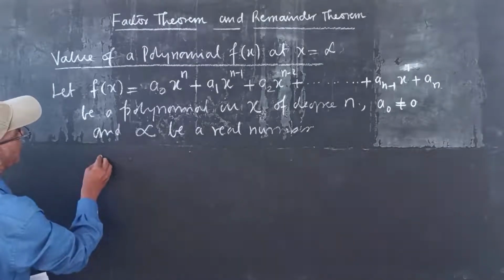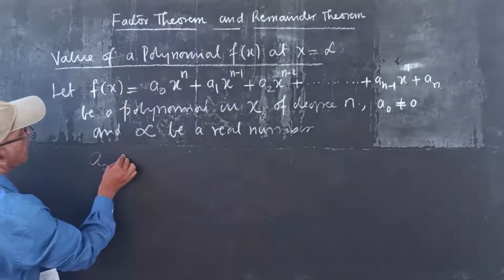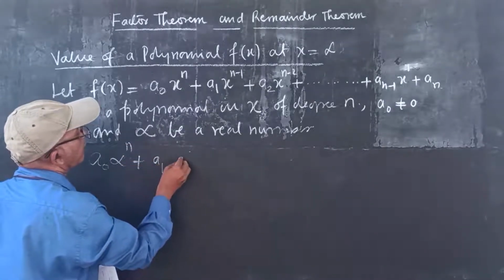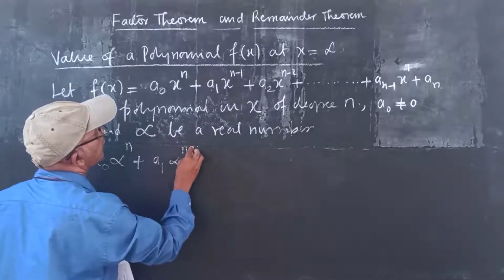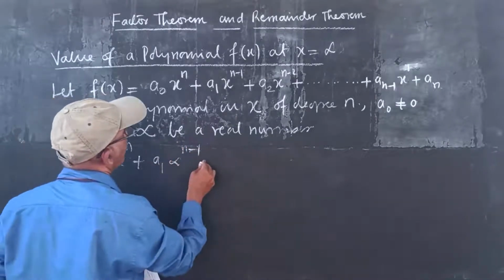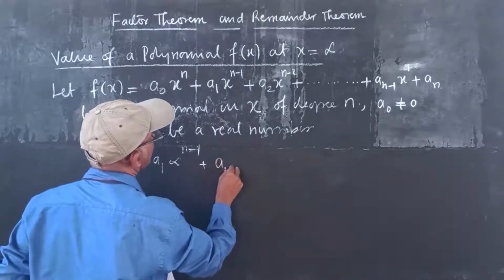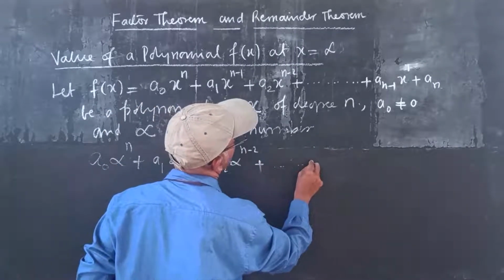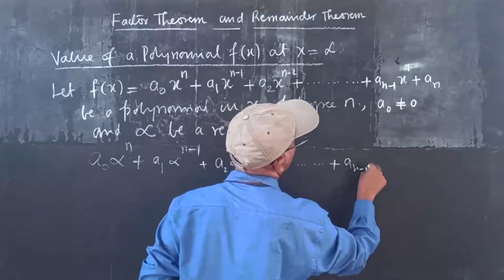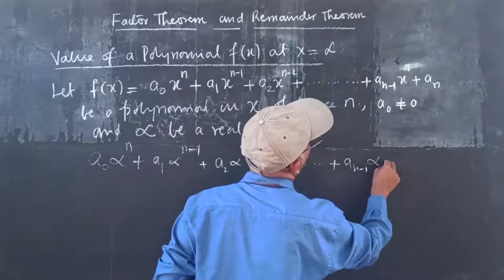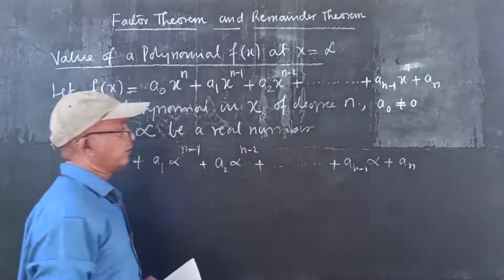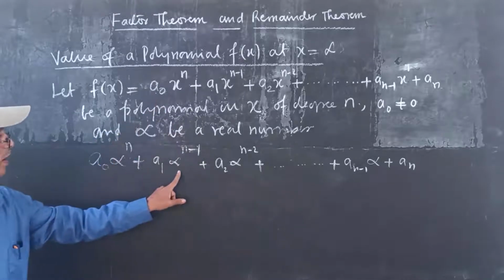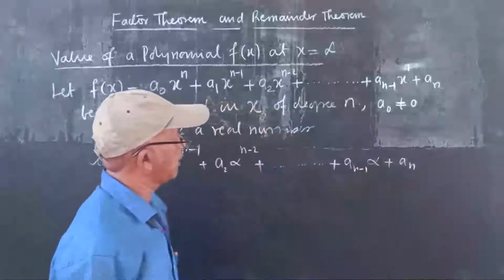Now, I will write one expression: a naught alpha to the power of n plus a1 alpha to the power of n minus 1 plus a2 alpha to the power of n minus 2 plus etc., plus an minus 1 alpha plus an. So what change are you going to notice between these two? x is replaced by alpha in every term except the constant term.